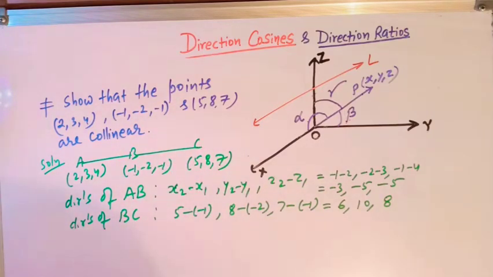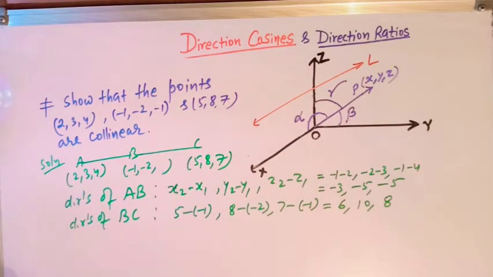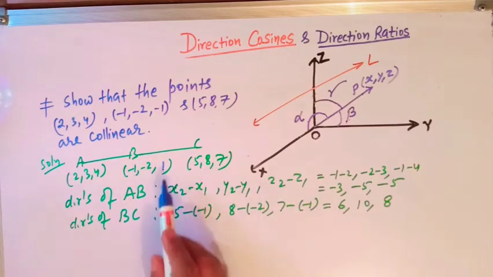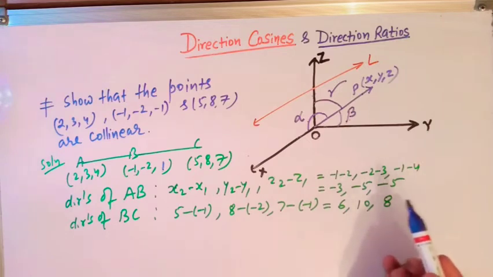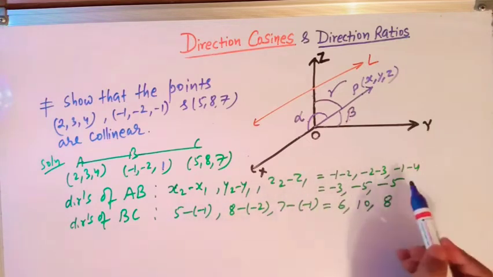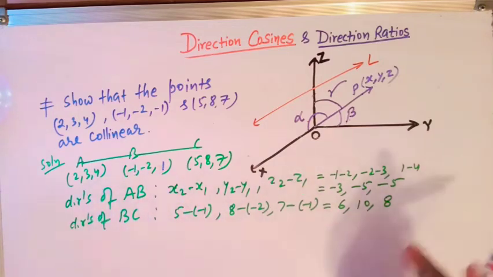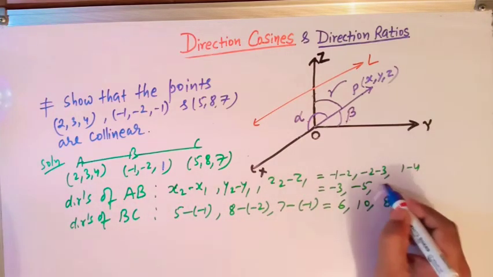Viewers, you are requested to correct it. Here we have only 1, right? Here we have 1. It is by mistake I have written here minus 1. So please correct it. Here we have 1 minus 4, that is minus 3, right?